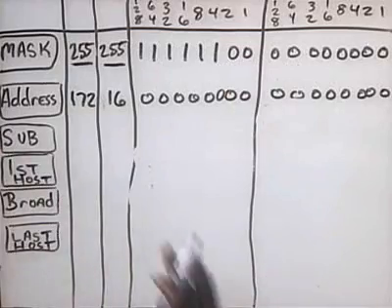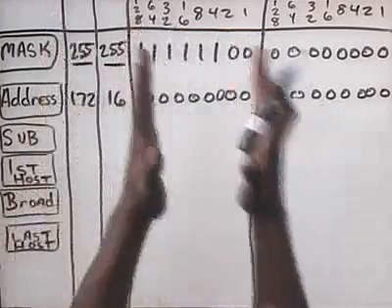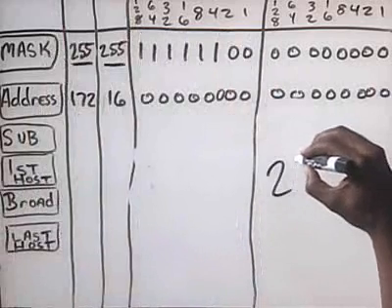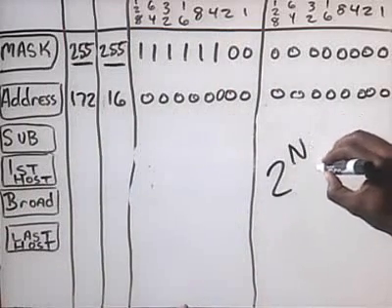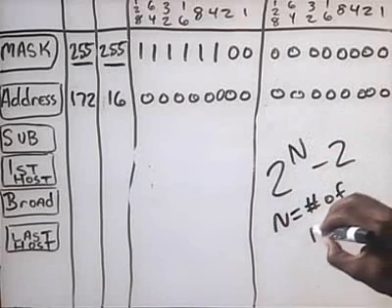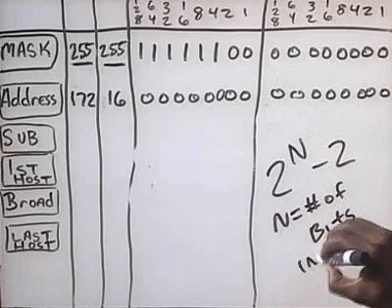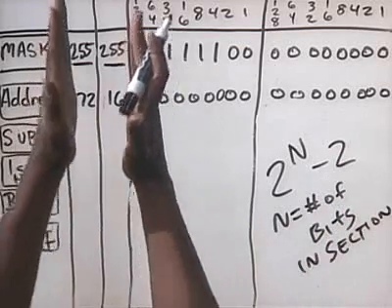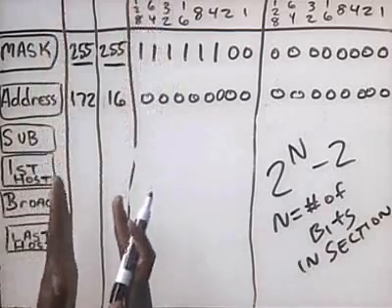This brings us to the topic of understanding these different sections. You'll recall that the solution that I gave you was based on a rule, 2 to the nth minus 2, where n equals the number of bits in the section. Now, what are these sections that we're talking about? First of all, by default, there are 2 sections.